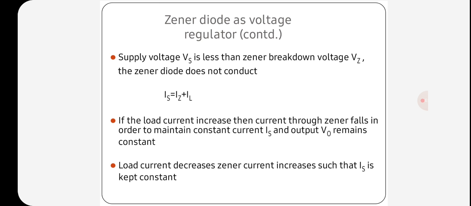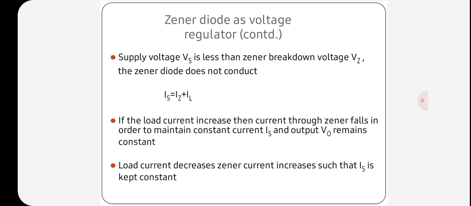So in the Zener diode as a voltage regulator, if the supply voltage Vs is less than the Zener breakdown voltage Vz, the Zener diode does not conduct. Is is equal to Iz plus IL. If the load current increases, the current through the Zener falls in order to maintain constant current Is, and output V out remains constant.